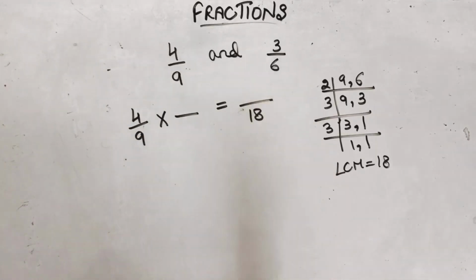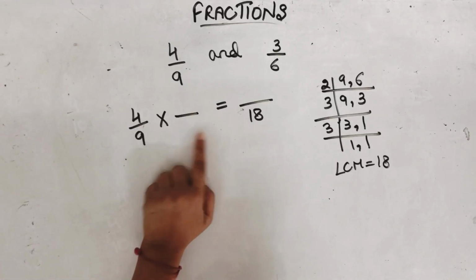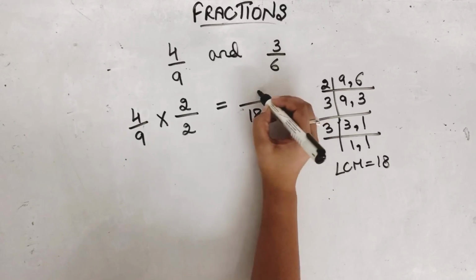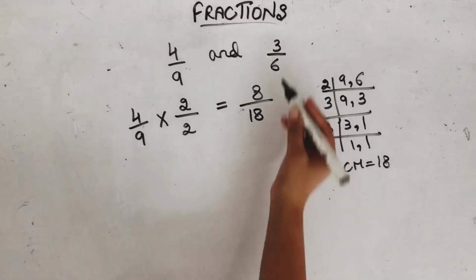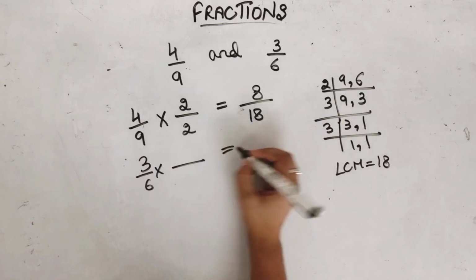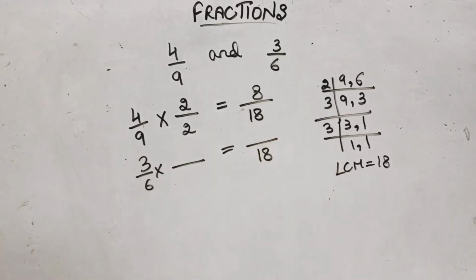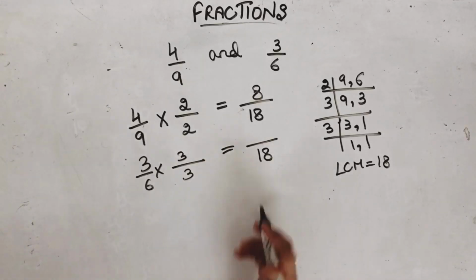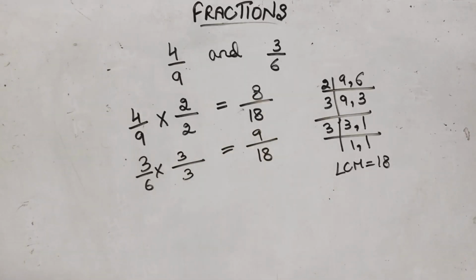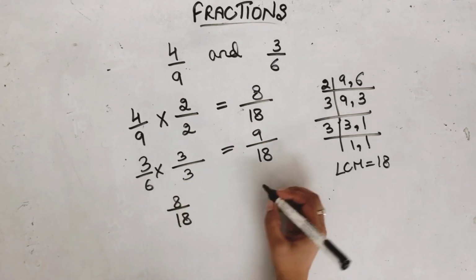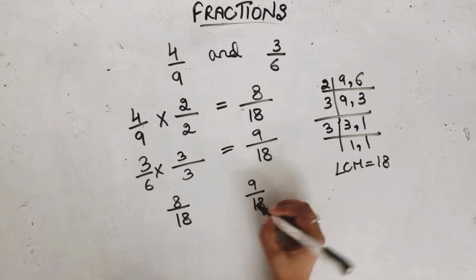So you have to make the denominator 18 by finding the equivalent fractions. By which number will you multiply 9 to get 18? 2. So multiply numerator also by 2. 4 2s are 8. For 3 by 6, find the equivalent fraction with denominator 18, so multiply it by 3. 3 3s are 9. So we have two fractions, 8 by 18 and 9 by 18.